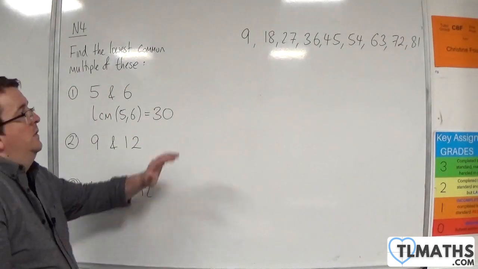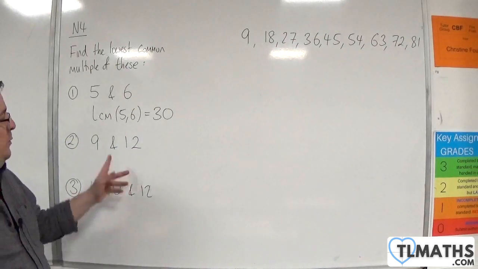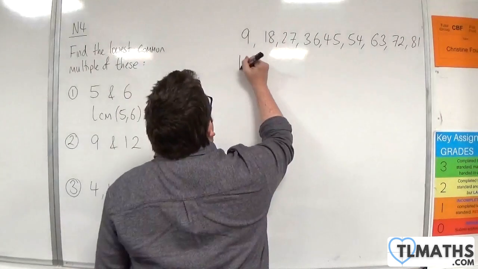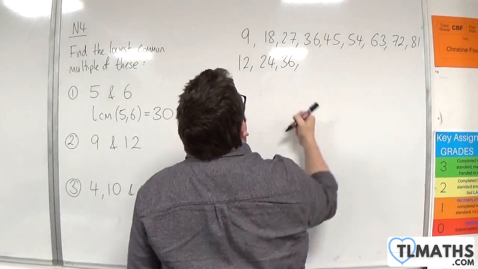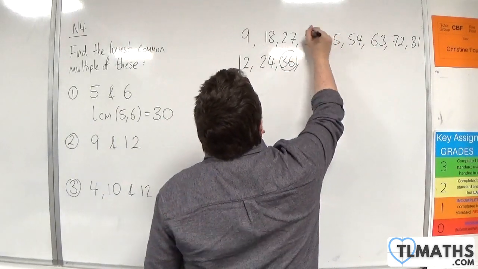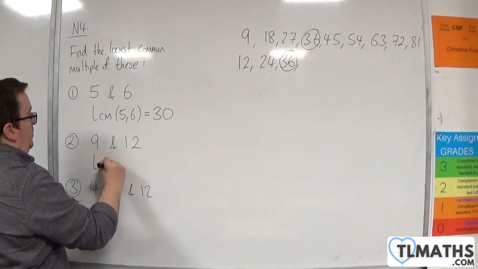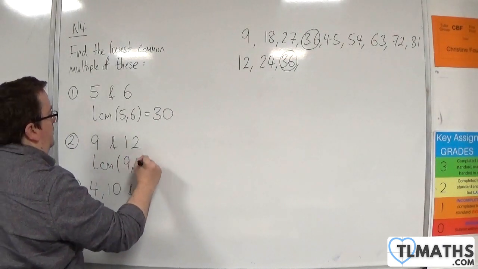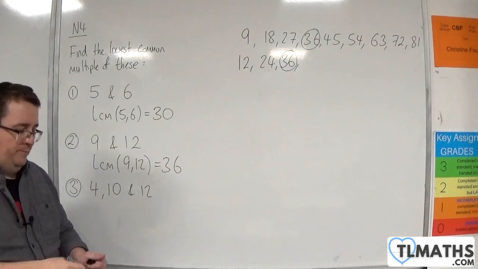Now, I don't know where I need to stop, but I'll stop there because I've run out of board space. Let's go on to 12s. So 12, 24, 36. Right, we've got one there. So 36, I don't need to go any further. 36 is the first one I come across, so the lowest common multiple of 9 and 12 is 36.